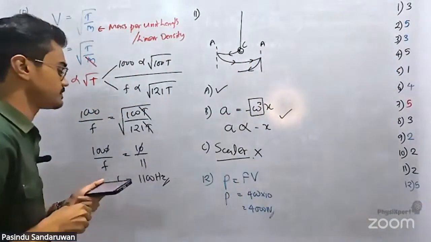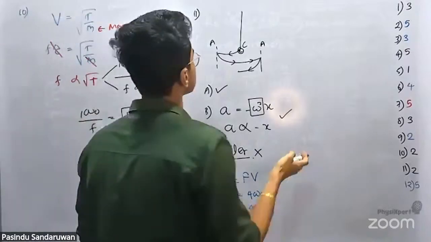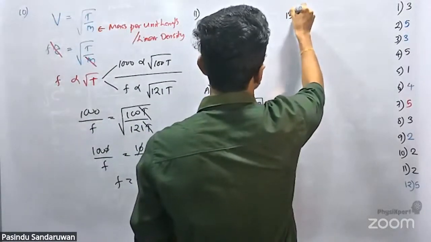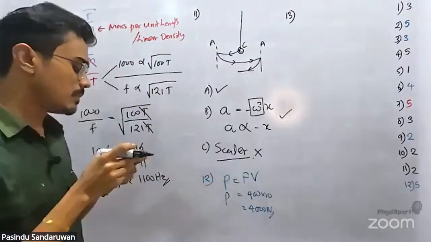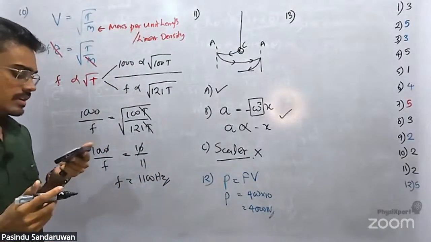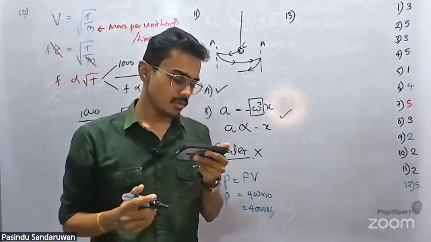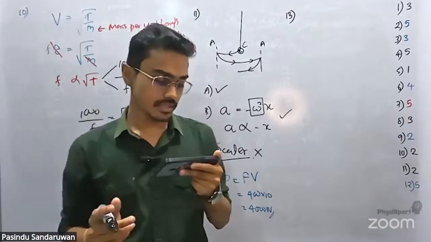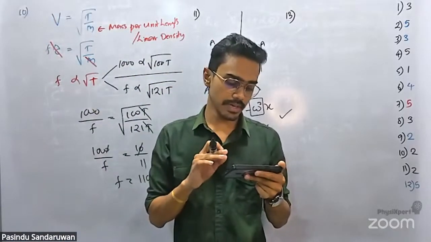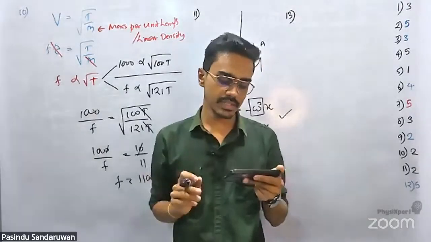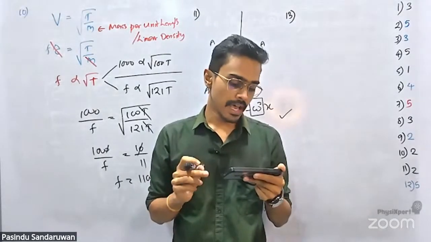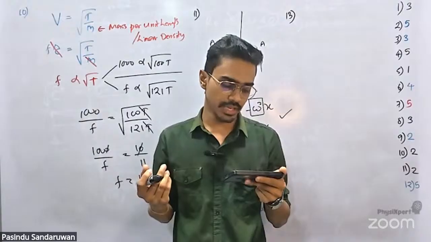13. A ball moving on a smooth horizontal plane at a uniform velocity collides against a vertical stationary wall and bounces back perpendicularly to the wall.